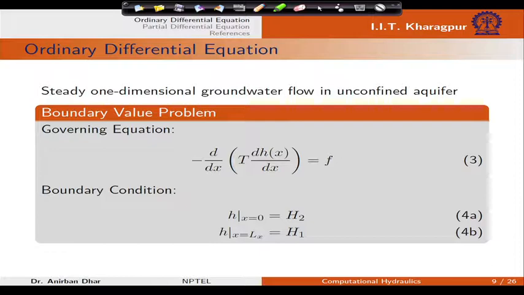So, we have two specified values for this problem. So, this problem is a boundary value problem for an ordinary differential equation.